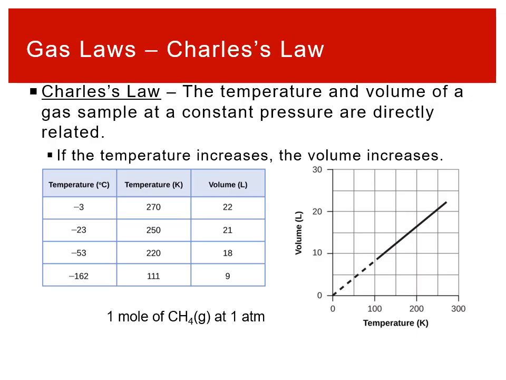So what that means is if one of those variables, say temperature, increases, the other one will increase as well for your gas sample. So here's an example where you just looked at, say, 1 mole. When we say a sample of gas, what that implies is that we're looking at some constant amount of gas molecules.